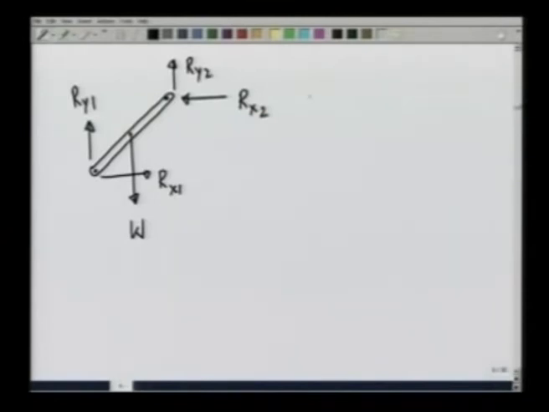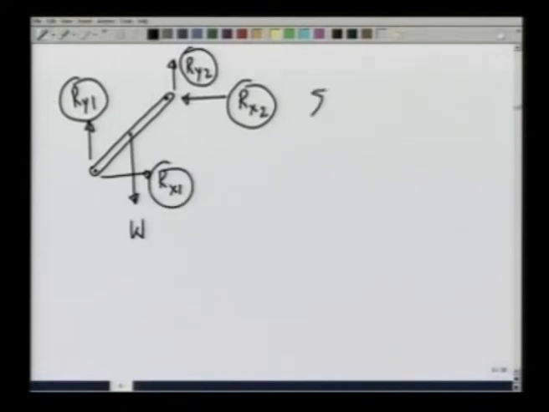In that case, you see that the number of unknowns is 4, R x 2, R y 2, R y 1 and R x 1, and the number of equations is still 3, summation f x equals 0, summation f y equal to 0 and summation tau about any point is 0.